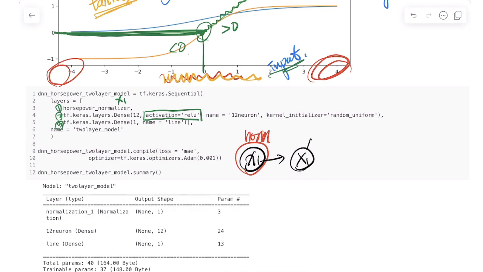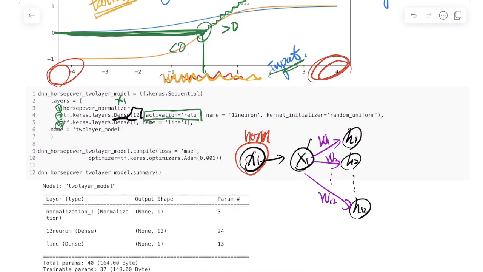The first one has 12 different neurons, and the layer right here is dense. So we have W1 here, W2 here, and so on up to W12 right here. And since it is a dense layer, we have an additional bias.